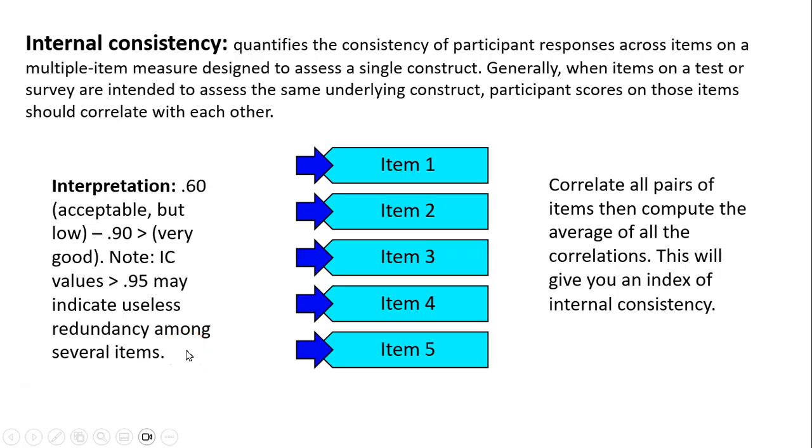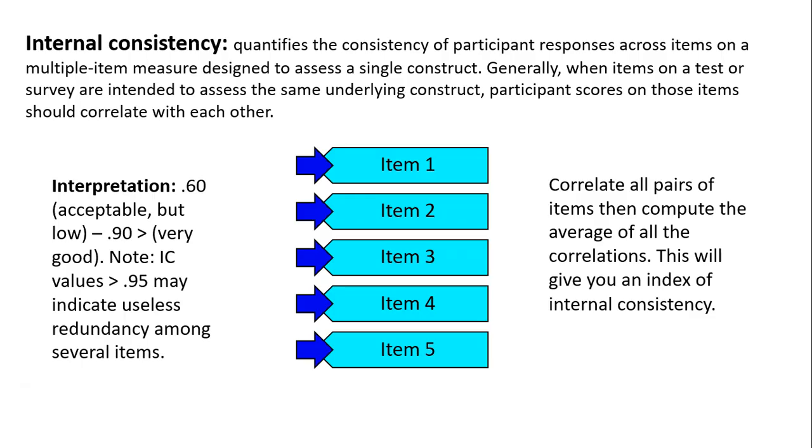So internal consistency, one of the points is to try to see how much redundancy you have in the items on your scale, test, or survey. But because all of the items are assessing the same construct, we want them to be somewhat redundant, but yet a tiny bit separate.